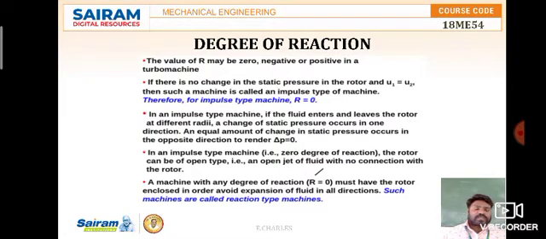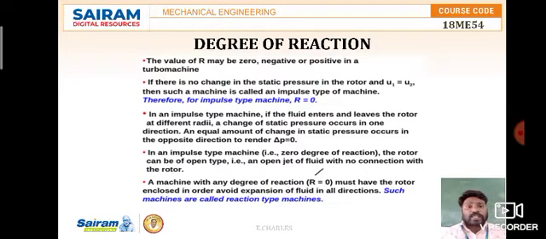Therefore, for an impulse type machine R is equal to 0, because U1 is equal to U2. In an impulse type machine, if the fluid enters and leaves the rotor at different radii, a change of static pressure occurs in one direction, and an equal amount of change in static pressure occurs in the opposite direction to render delta P equal to 0.